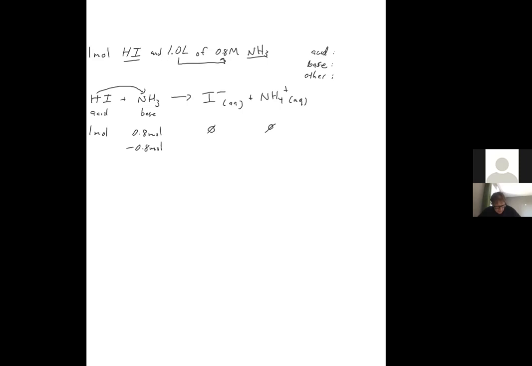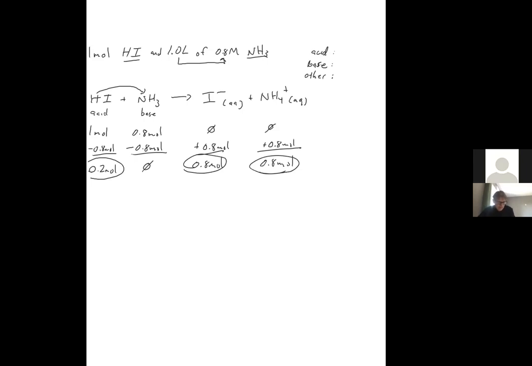So you subtract 0.8 from everything on the reactant side, and you add 0.8 on the product side. Okay, now we have a lot of stuff in there. We got 3 different things. We've got HI, we've got I minus, and we've got NH4 plus.